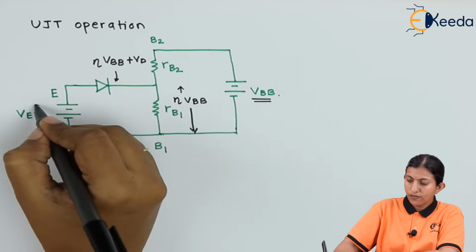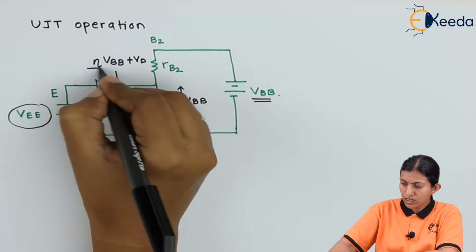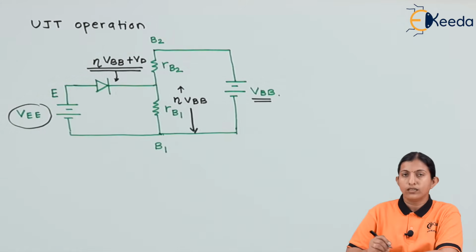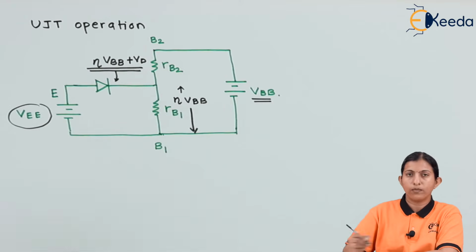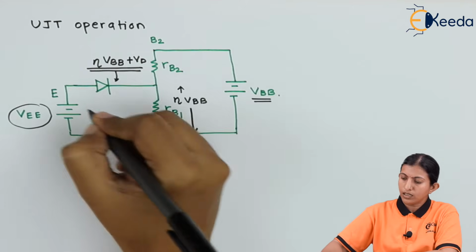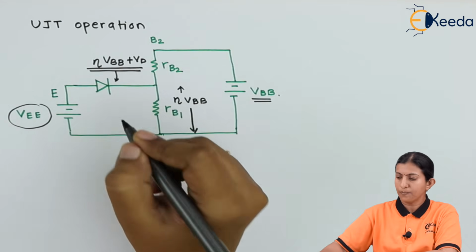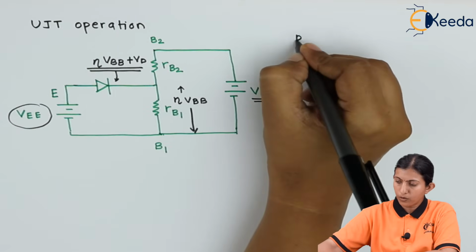Now the value of the supply voltage must be increased beyond this value, and only then will the diode turn on. The voltage at which the device turns on, or the diode is forward biased, is called the peak point voltage.